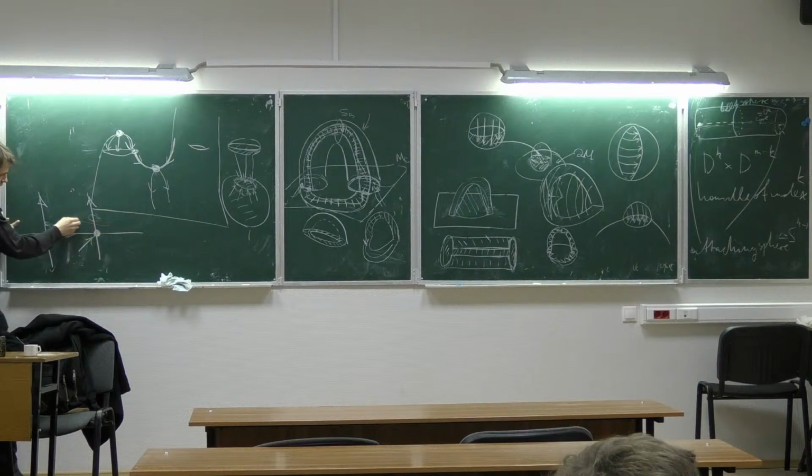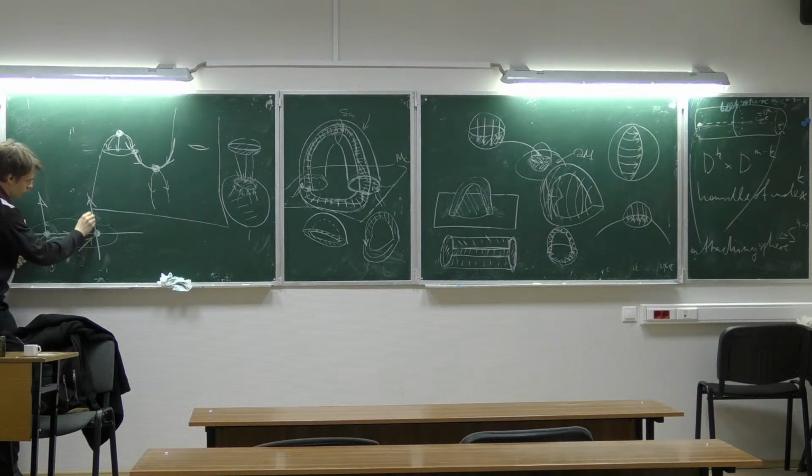Actually, you can draw the small ball, and the idea is to change the trajectory so that the incoming trajectory does not touch this point.